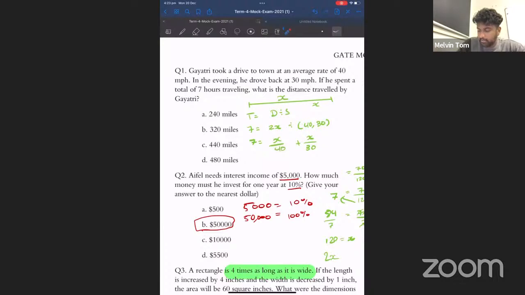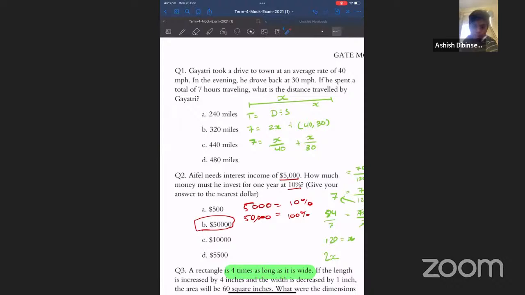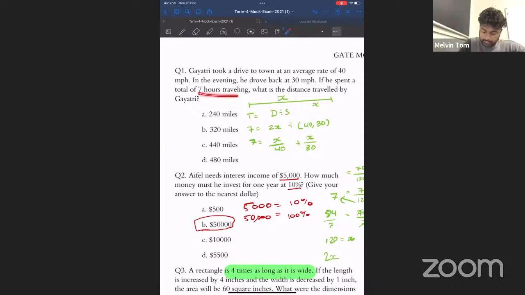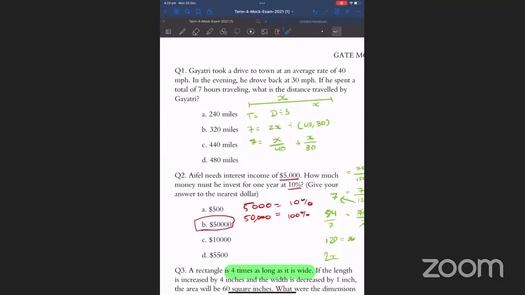Do you guys understand that? Yes. Melvin, I've got a question. Why is there a 7? Because it says here 7 hours traveling. Oh, okay. Do you understand? Yes.